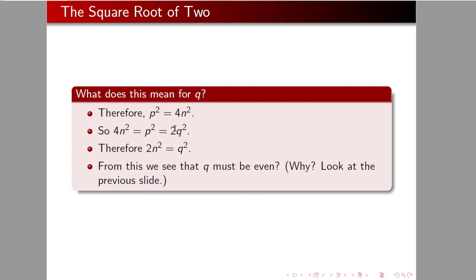So I cancel out a 2 on each side of this equation, and that gives me that 2 times n squared is equal to q squared. And so this means, in the same way as we did before, since q squared is even, q has to be even. Okay?